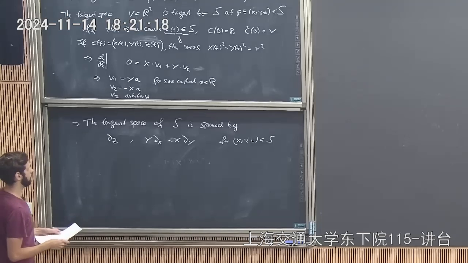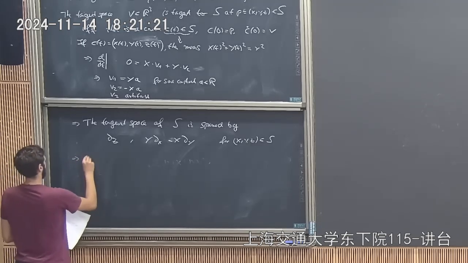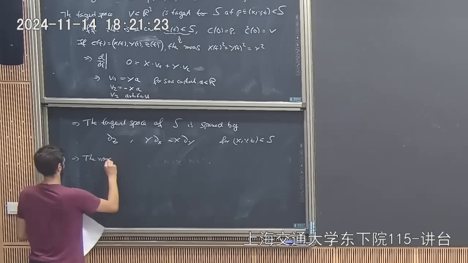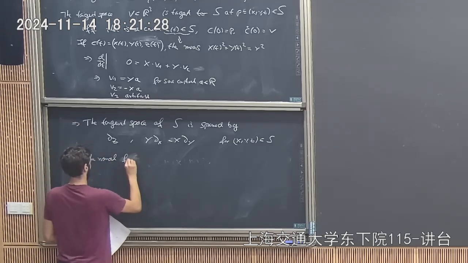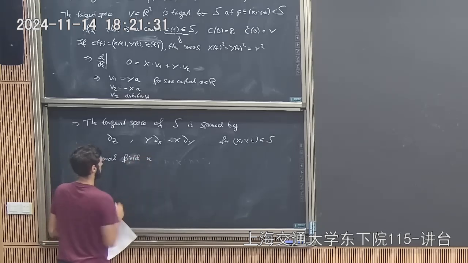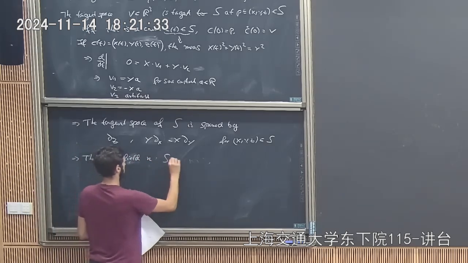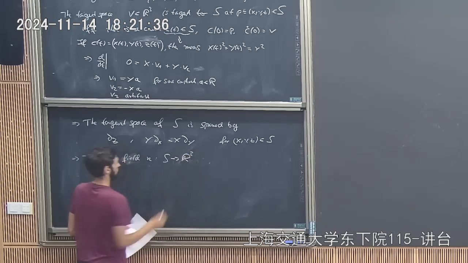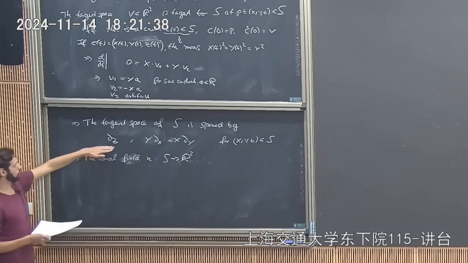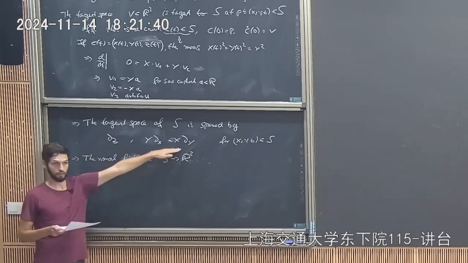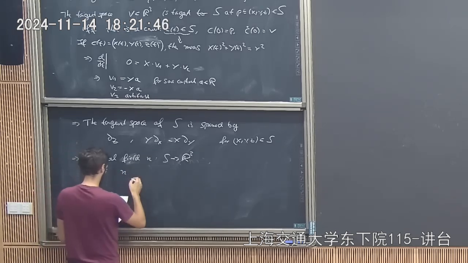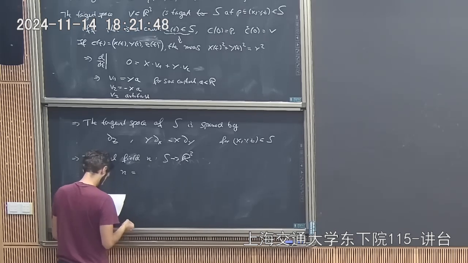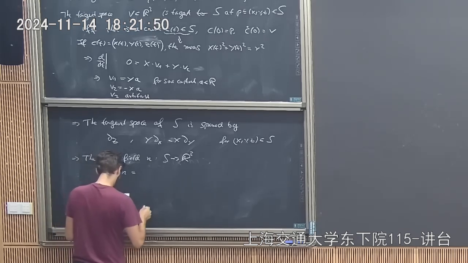So now we want to define the normal vector field. We want something that is orthogonal to this and to this vector. And you can check easily that this one is given by this vector field.